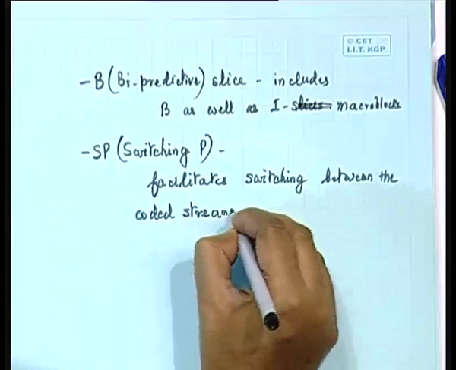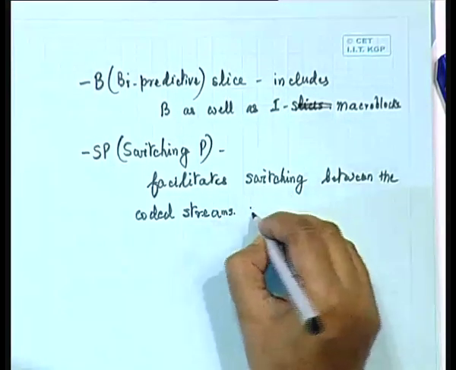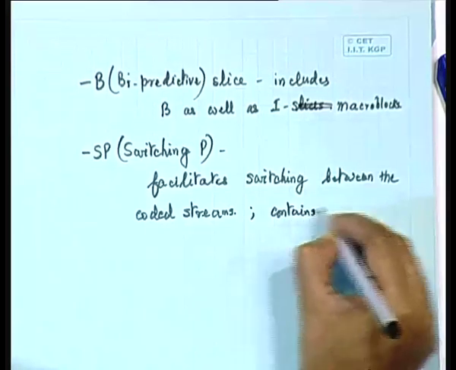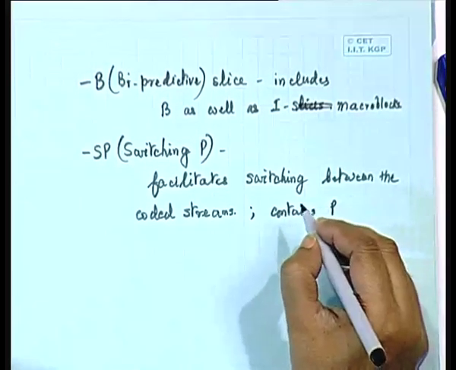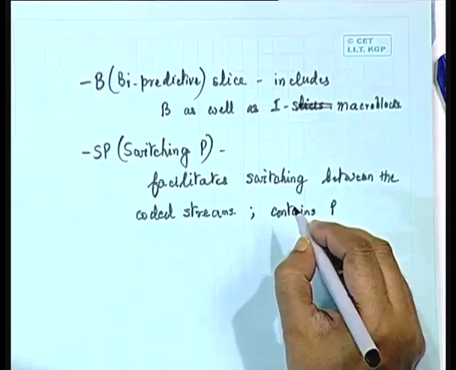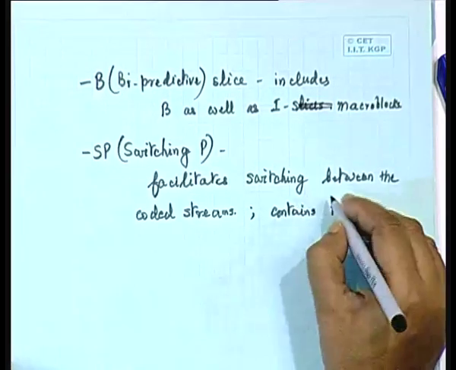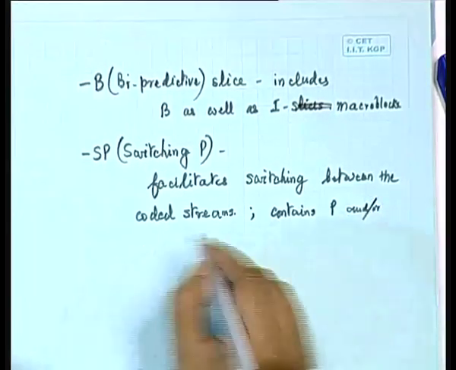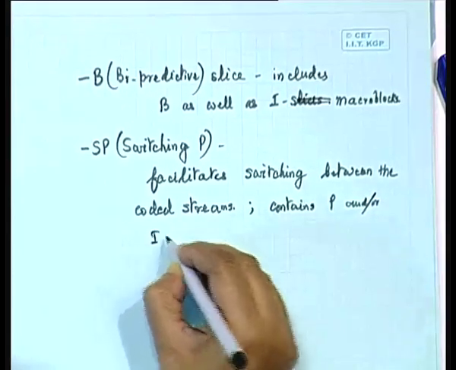And in fact, the coded streams can contain P macro blocks. So, you may have a coded stream composed of P macro blocks, and you may have a coded stream consisting of I macro blocks.